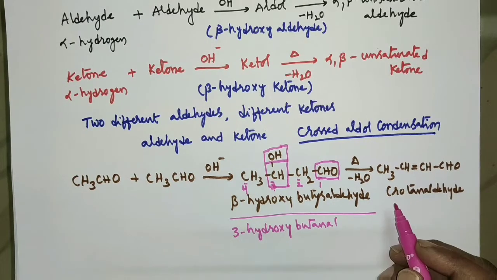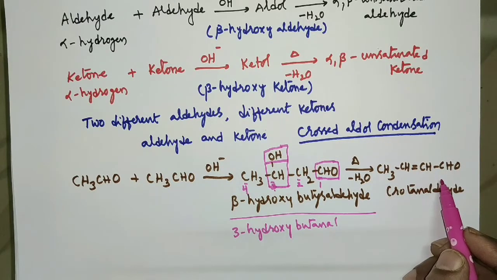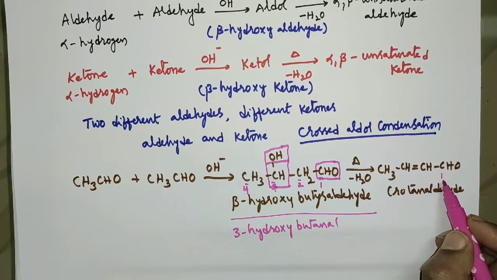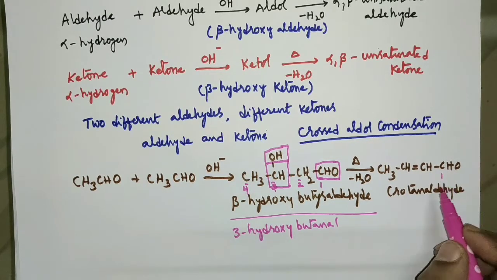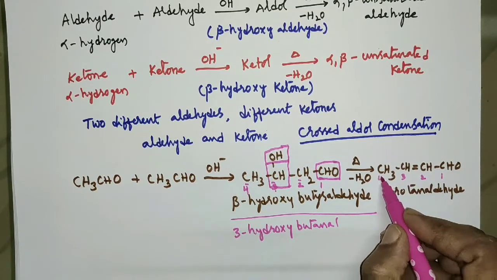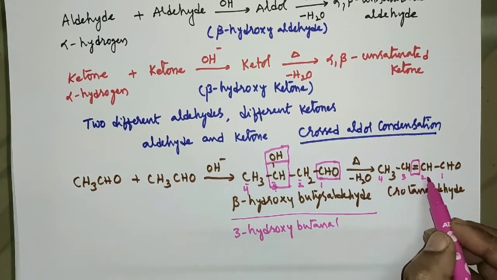And when we come to crotonaldehyde, this is also a compound with 4 carbon atoms with functional group with highest priority CHO. So we consider it as first carbon, second, third and fourth carbons. We have unsaturation, a double bond, on second carbon.